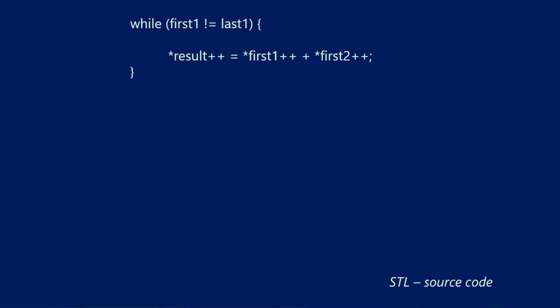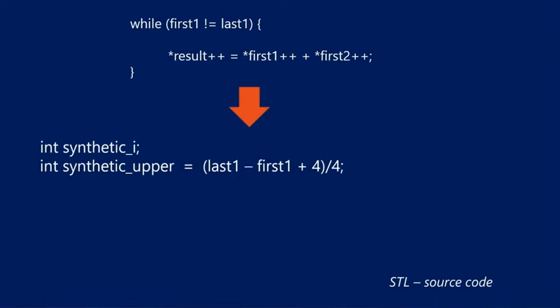So let's just take a look at what I mean by transforming that loop in order to do analysis. That's the core body of that loop. What we first have to do is transform that and create a synthetic induction variable and a synthetic upper bound. Because what we're going to want to do is run this loop off of an induction variable we can use for symbolic equations.